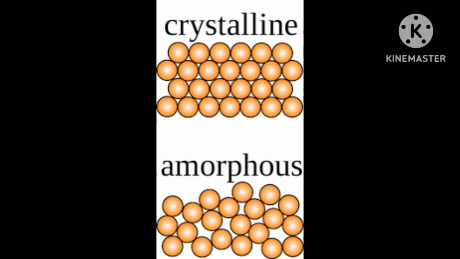Okay. Then I have told you about the crystalline solid. First I told you about the molecular solid. In molecular solid also, I told you 3 categories. Now the next category I am telling you is ionic solid.